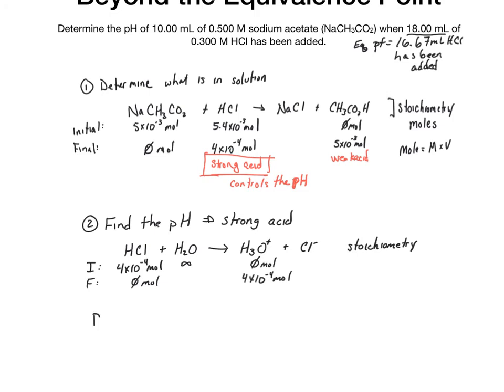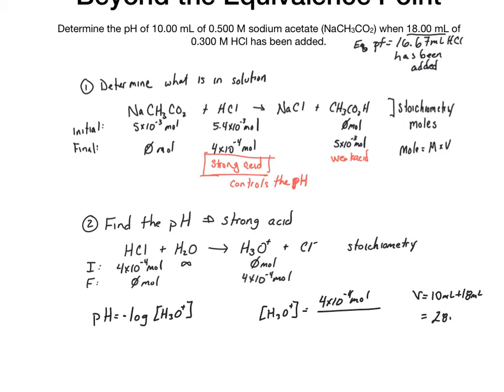And the pH is equal to minus log of the H3O plus concentration. The concentration of H3O plus is going to be 4 times 10 to the minus 4 moles divided by the total volume. The volume is my 10 milliliters plus my 18 milliliters, which is 28 milliliters, or 0.028 liters.